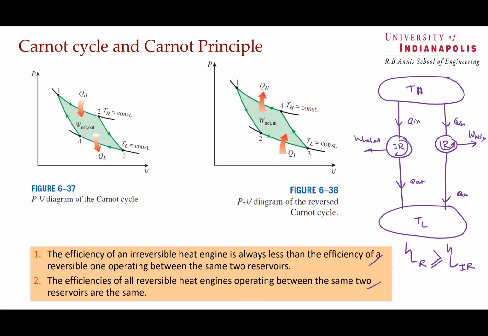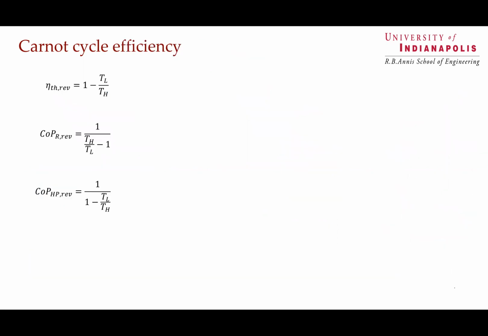The efficiencies of all reversible heat engines operating between the same 2 reservoirs are the same. For a reversible heat engine, Carnot cycle efficiency is 1 minus TL over TH. Carnot cycle coefficient of performance for refrigeration is 1 over (TH over TL minus 1), and this is 1 over (1 minus TL over TH) for a heat pump.